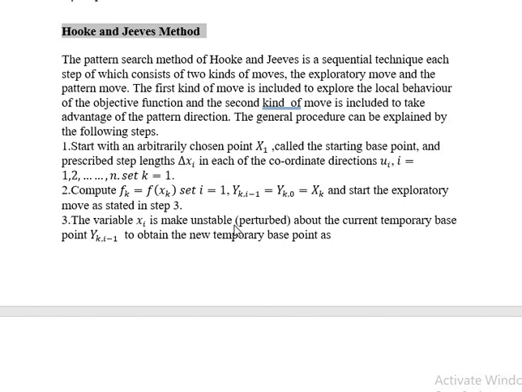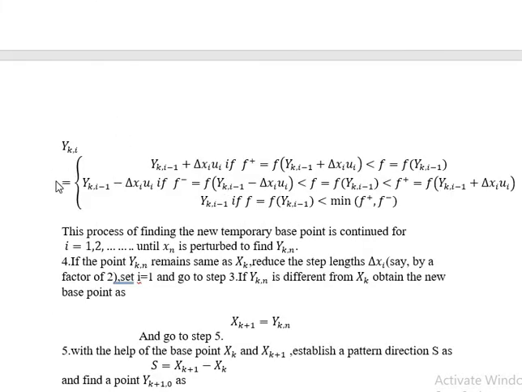Step 3. The variable xi is perturbed about the current temporary base point y(k,i-1) to obtain the new temporary base point as y(k,i) equal to y(k,i-1) plus delta xi ui if f plus, equal to f of y(k,i-1) plus delta xi ui, is less than f; and y(k,i) is equal to y(k,i-1) minus delta xi ui if f minus, equal to f of y(k,i-1) minus delta xi ui, is less than f, which is less than f plus; and y(k,i) is equal to y(k,i-1) if f is less than the minimum of f plus and f minus.